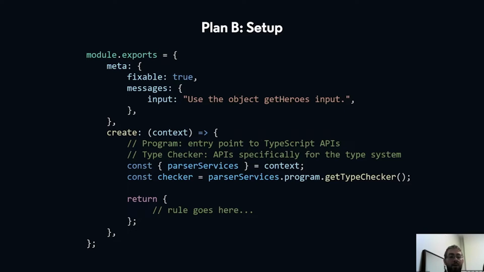And we're going to want to use the type checker, which is the subsection of APIs specifically for asking what type things are in the type system, say variables. So we have the type checker, which tells us what types things are within the program, which is the collection of APIs available to us. Again, this is a little bit of an oversimplification of all the possibilities, so check out the slide notes if you want to see more.